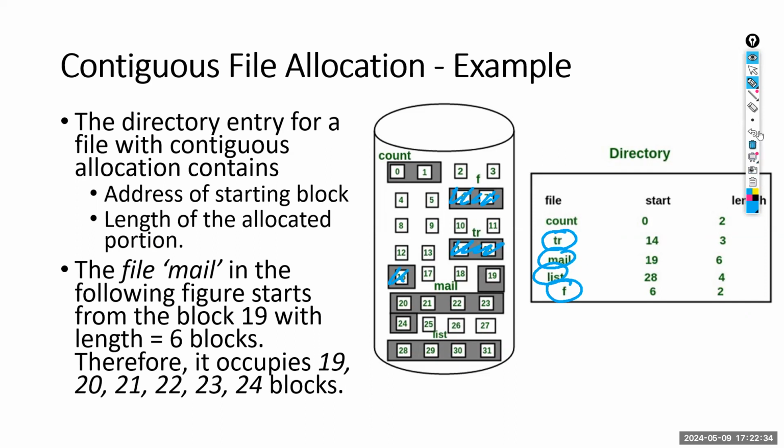Okay, let me draw it in a different color. Maybe TR is taking these three blocks. Maybe mail is taking these contiguous blocks. And maybe another file is taking these blocks.